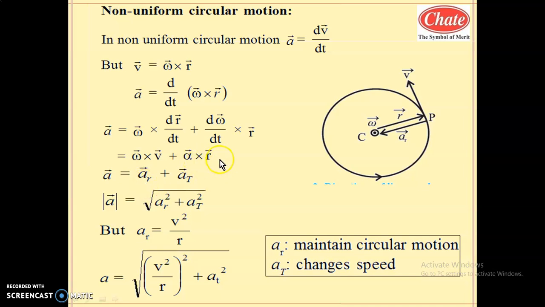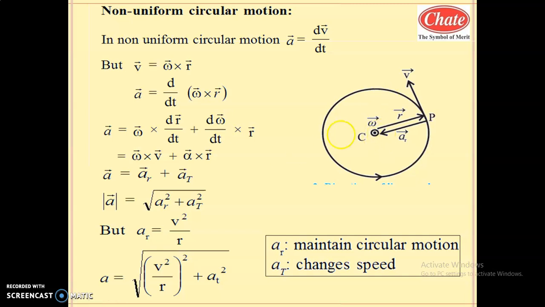Now, why is alpha cross r called tangential acceleration? The direction of tangential acceleration is along the tangent, as the name suggests. Alpha is also an axial vector, so it lies along the axis. As long as the particle is revolving anti-clockwise, alpha is upward.